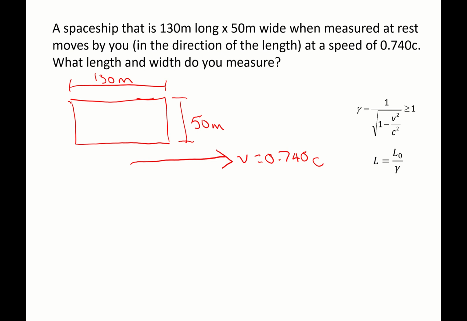So what length and what width do we measure? Well, remember, when the thing moves by, it contracts in the direction that it's moving, but any directions perpendicular to that are not changed. So what we're going to see is something with a new length, but the width is still going to be 50 meters. Okay, so the 50 meter width is unchanged.